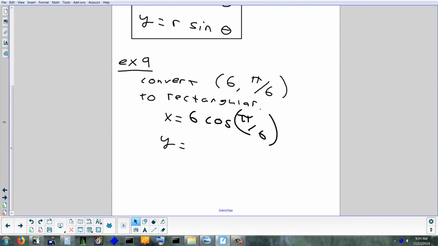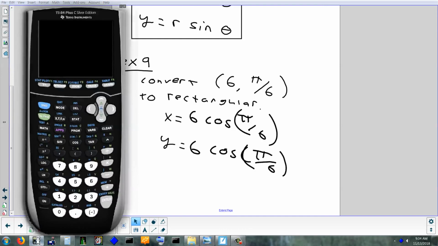And how about the calculation for y? Yep, Derek. 30. So what would be the whole thing? Oh, 6 cosine 30. Okay, I'm just going to leave it as pi over 6. Even though it is 30, if your calculator doesn't do radians, then yes, you would have to change pi over 6 to 30.